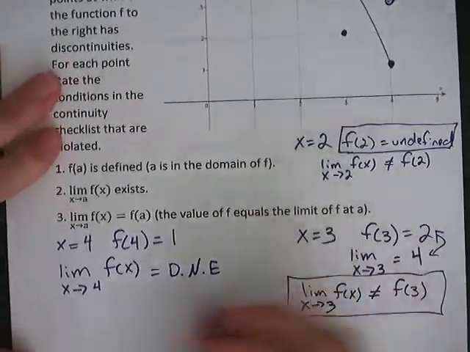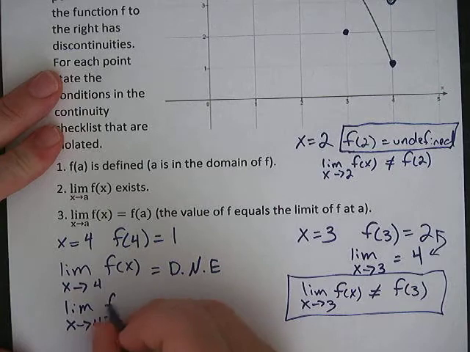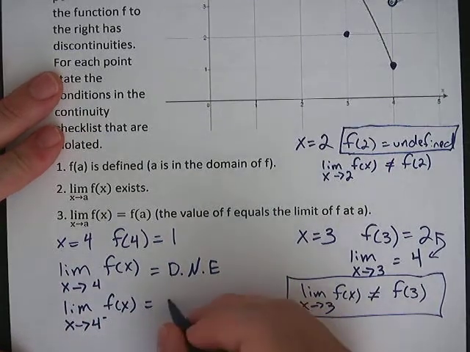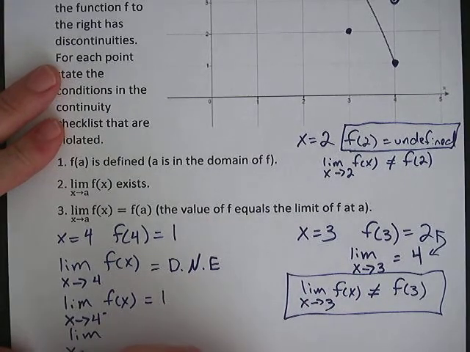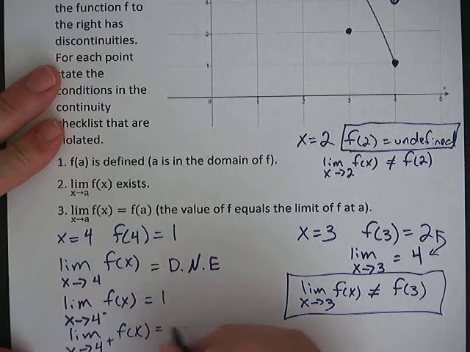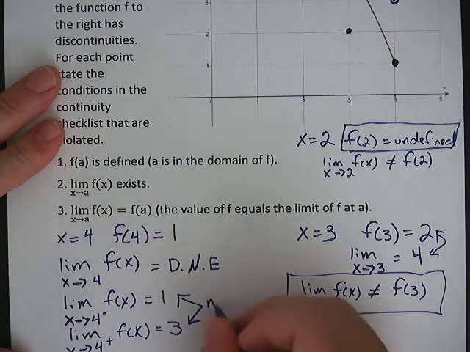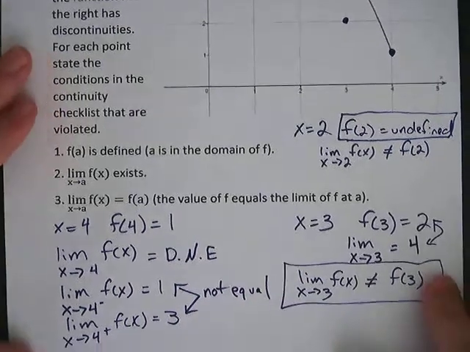If you want more detail, the reason it doesn't exist is that as we approach 4 from the left of f of x, we get 1, and as we approach from the right of f of x, we get 3. So these two things are not equal.